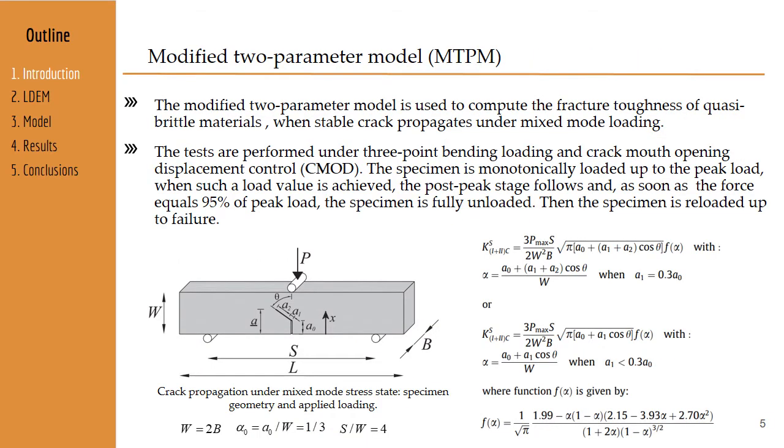The modified two-parameter model is used to compute the fracture toughness of quasi-brittle materials when a stable crack propagates under mixed mode loading, mode 1 together with mode 2. The tests are performed under three-point bending loading and crack mouth opening displacement control. Here we have the specimen geometry and the equations to obtain the fracture toughness using the modified two-parameter model.